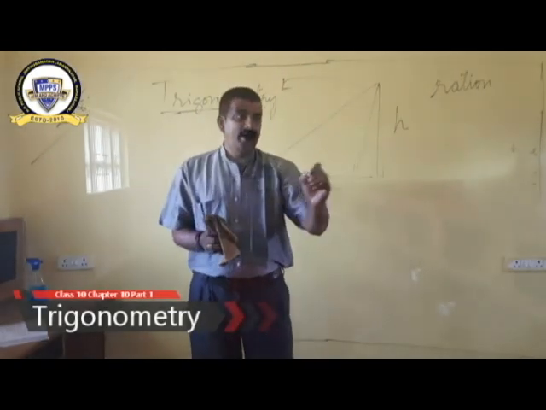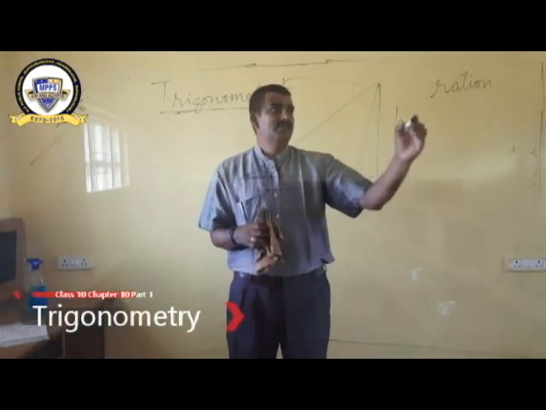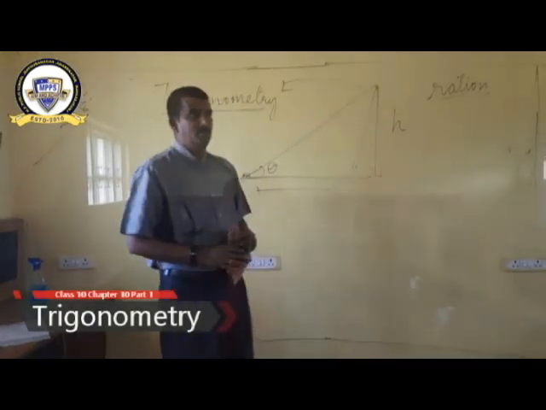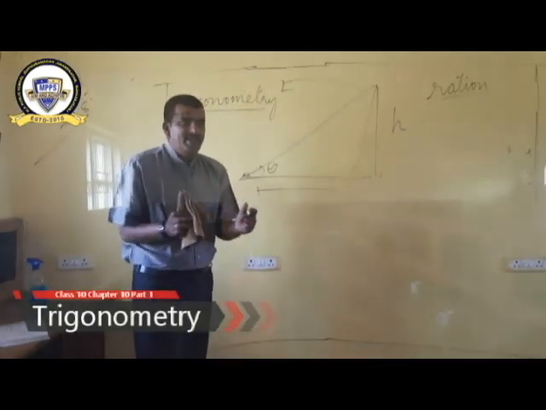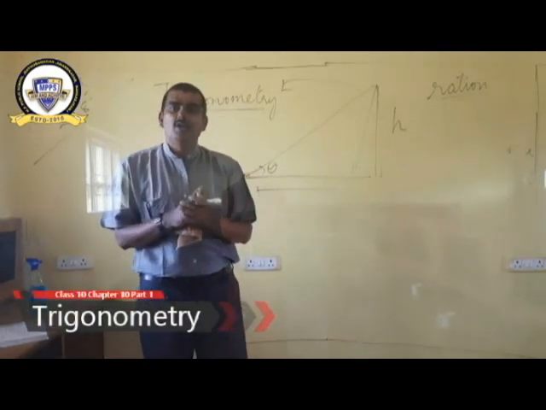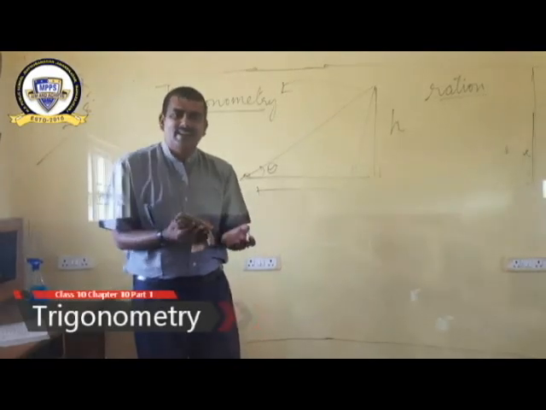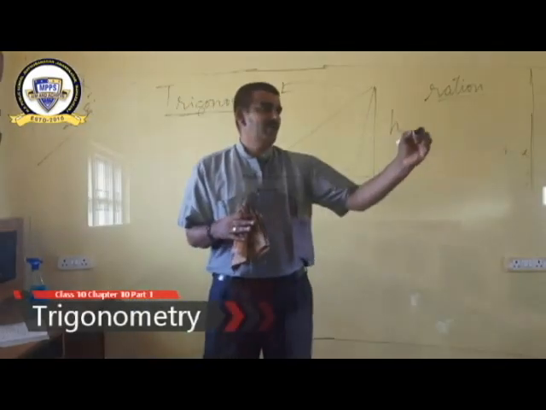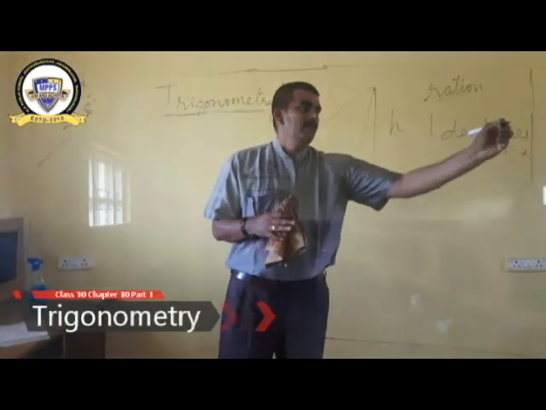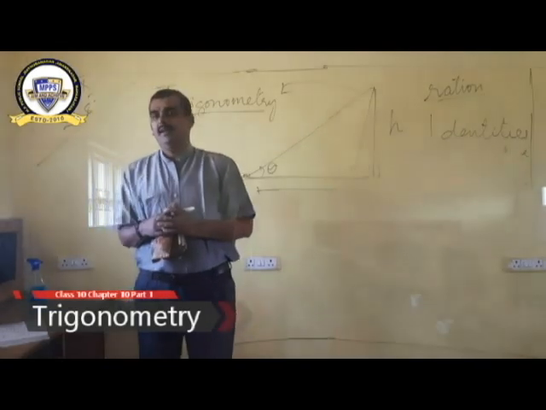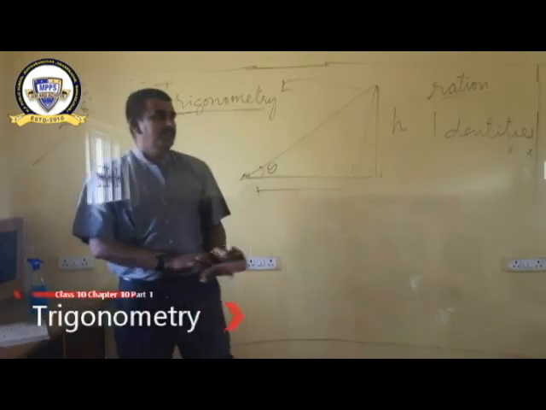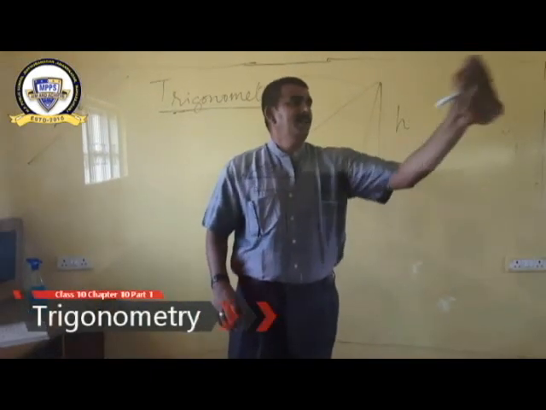So, angle and sides connected together with certain ratios, those ratios are called trigonometrical ratios. And those ratios have certain relations, certain values. Those values, relations and rules are called trigonometrical identities.